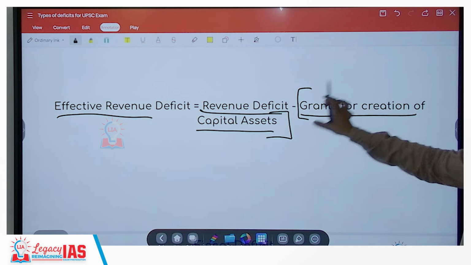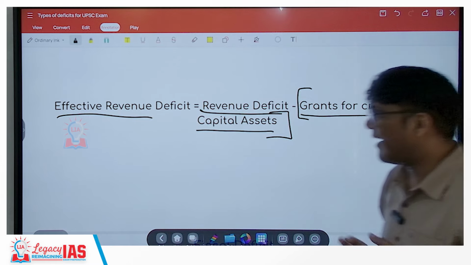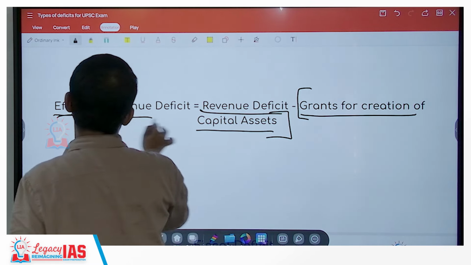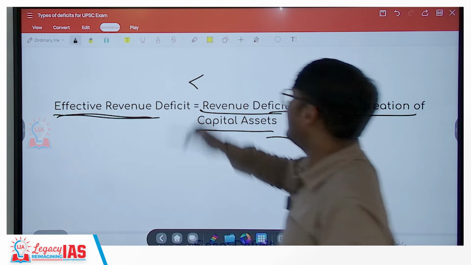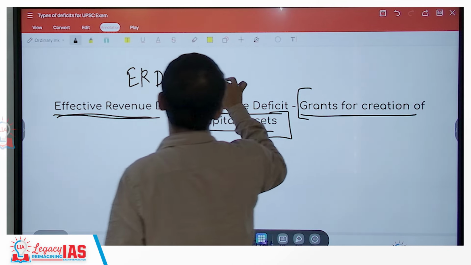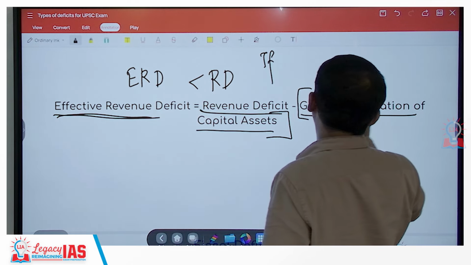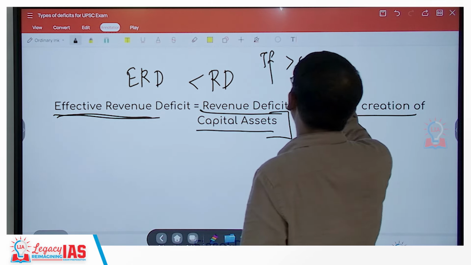That is why generally the effective revenue deficit would be less than the revenue deficit, if this is greater than 0.